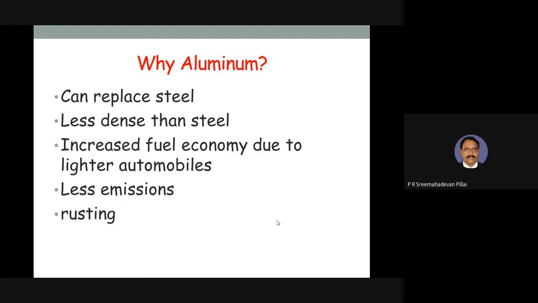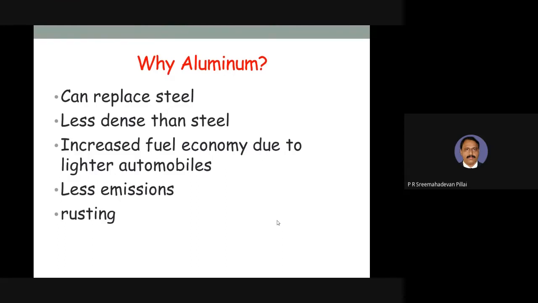If you used to have that Chinese pan at your home, you would have seen that over the years it would have rusted. But Indalium doesn't get rusted. When copper plate, it gets covered by its oxides, green copper oxides may be there, whereas Indalium doesn't get like that. So its use is coming up, and so it is less polluting. That is what I wanted to focus. Aluminum alloys are naturally less polluting.